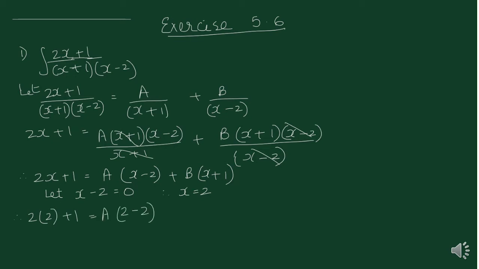So as you can see, wherever x is there, we are putting 2. Now a into (2 - 2) becomes 0, and so we get 5 is equal to 3b, and therefore b is equal to 5 upon 3. So thus we get the value for b.